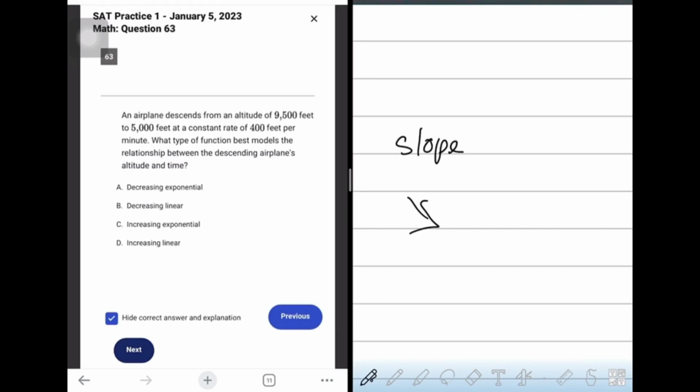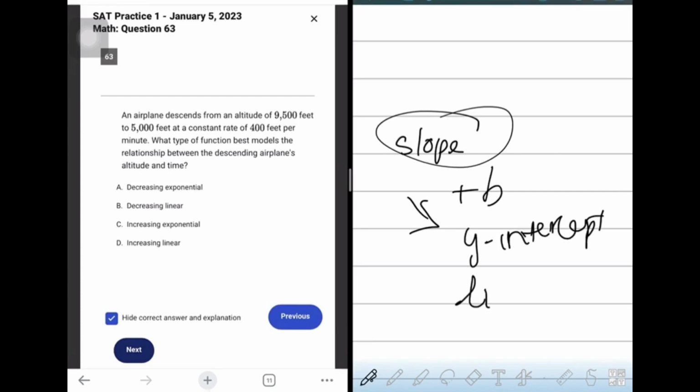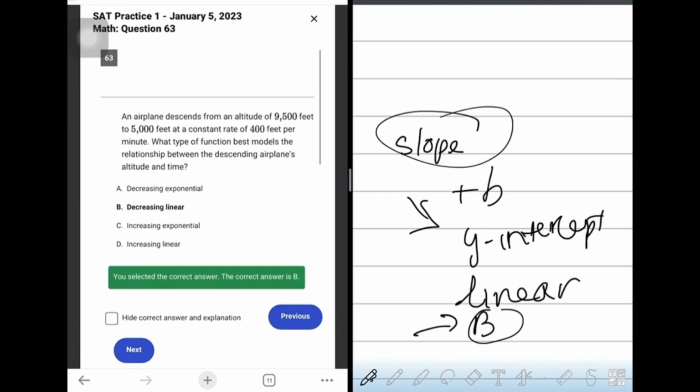So we only consider A and B, and remember we have slope and then the y-intercept. So it's a linear equation. So the correct answer is B.